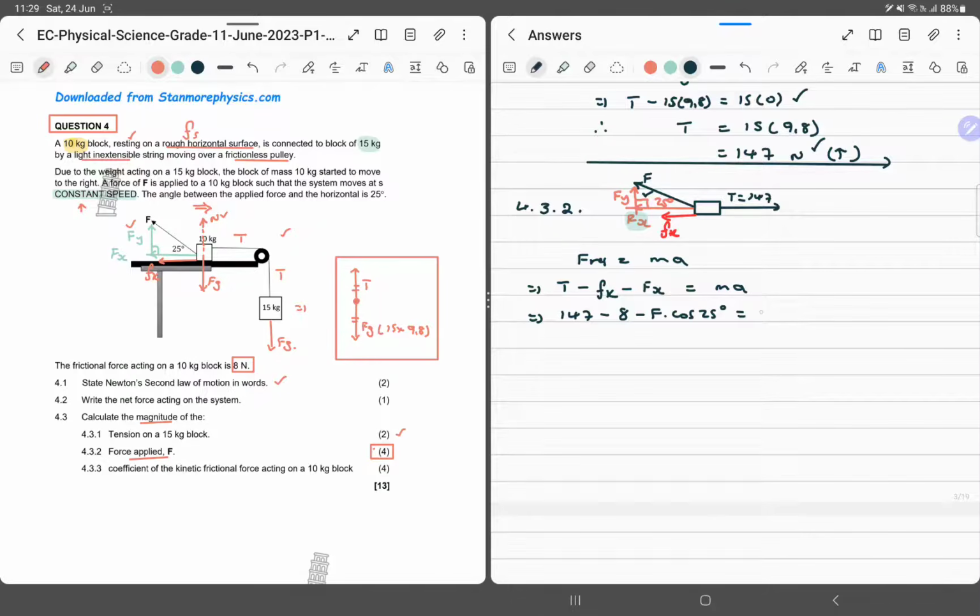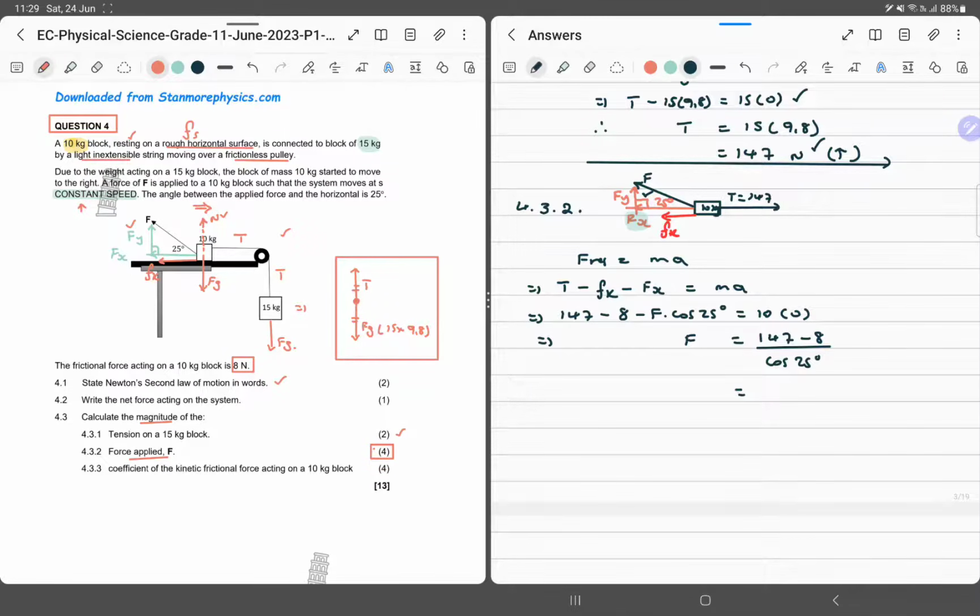This is equal to the mass of the 10 kg block. Remember, this is the 10 kg. So this is going to be 10 into 0 because we don't have acceleration. If we transpose this to the other side and rearrange, we know that our F is going to be equal to 147 minus 8 divided by cos of 25 degrees.